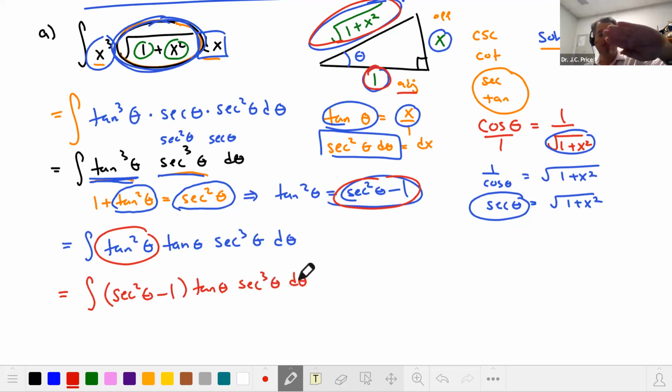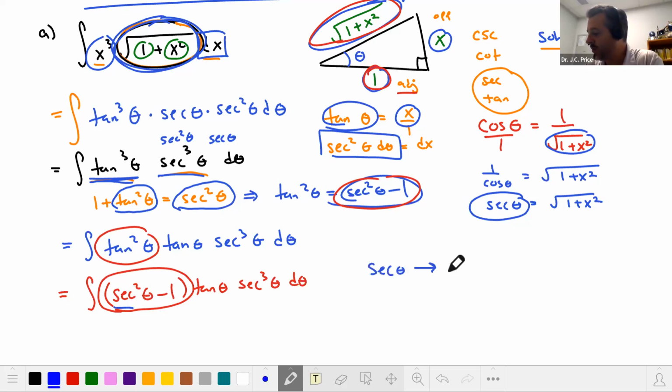So I just made this substitution. So I just turned over the note card basically, and I have this secant squared theta minus 1 on the other side. But what you want to notice is I have all these sort of secant thetas running around, and I know the derivative of secant theta. So remember, for secant theta, its derivative is what? Secant theta tan theta. So I'm going to collect together a secant theta tan theta, and then I should be able to see a function and its derivative.